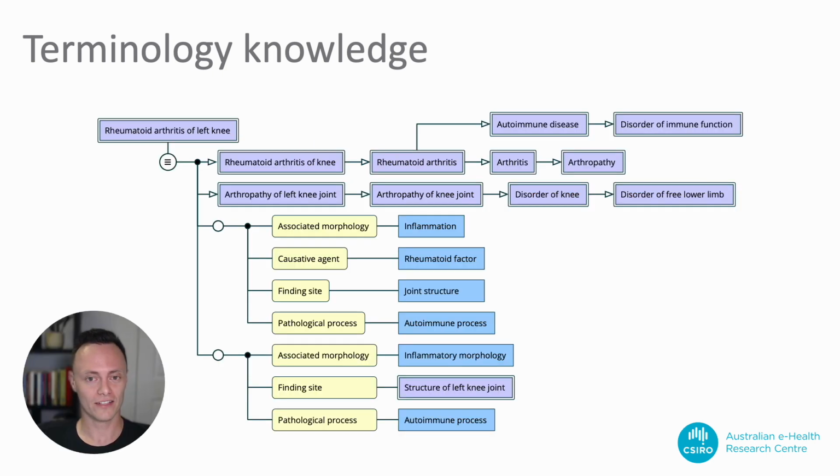The hierarchy of concepts can be expanded out further to roll this condition up into even more general concepts, such as arthritis or autoimmune disease. This sort of information is very useful for a range of analytic tasks, and this is an example of what the combination of Pathling and a terminology server can give you access to.